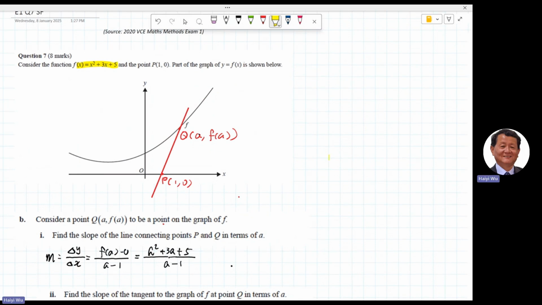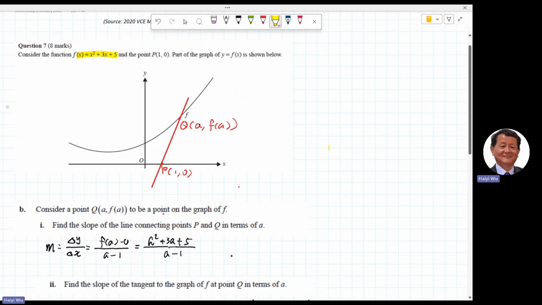the first question. Consider the point P is (1, 0), which is on the x-axis. There is another point called Q, which is on the graph, where the x coordinate is a and the y coordinate is f(a), obviously.